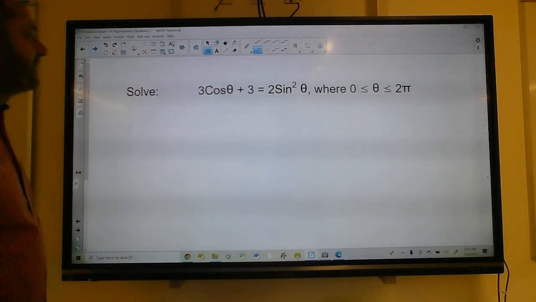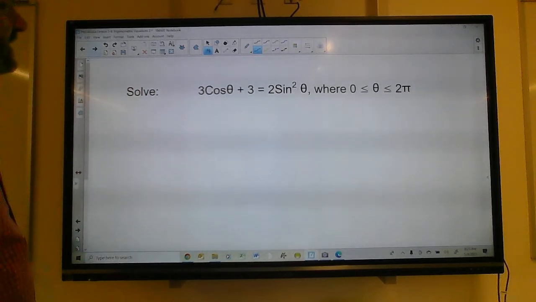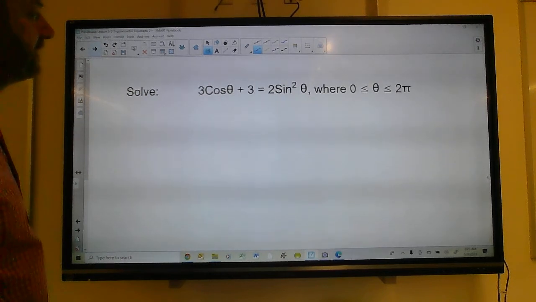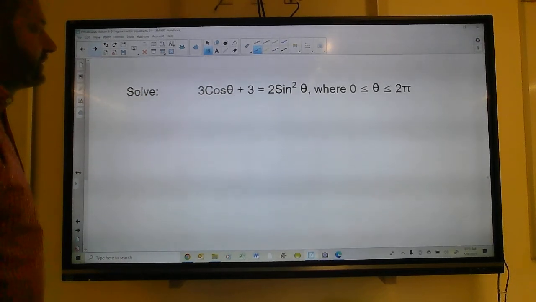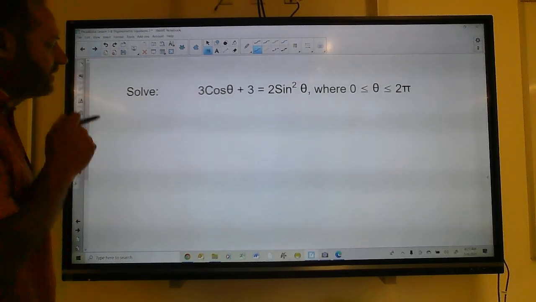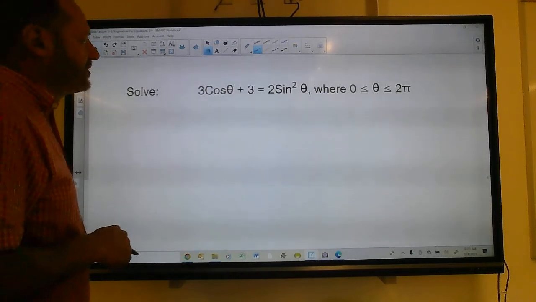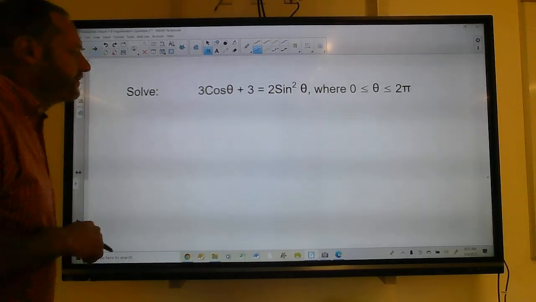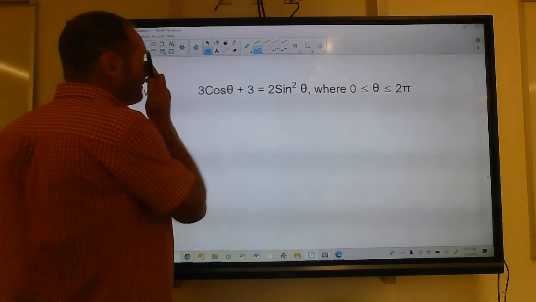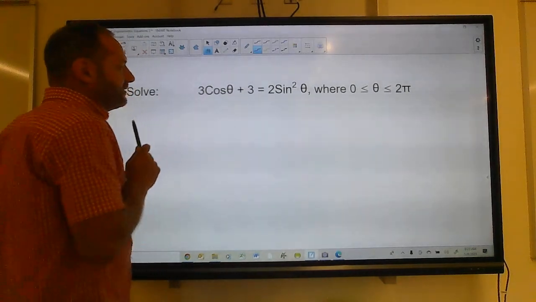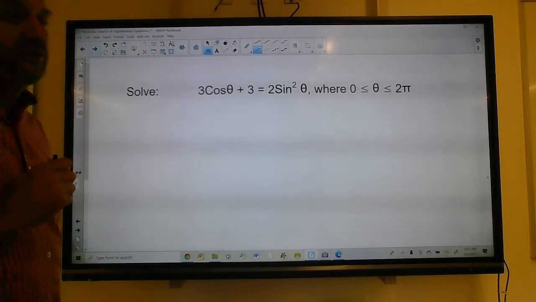All right, let's look at this one. We've got 3 cosine theta plus 3 equals 2 sine squared theta. The first thing we should do, and we can do this a couple ways, is get this all into the same thing.